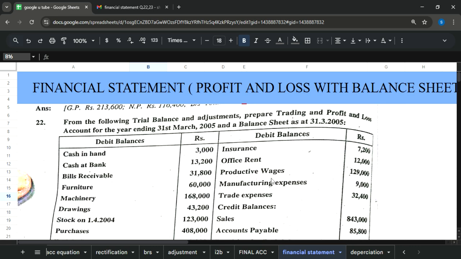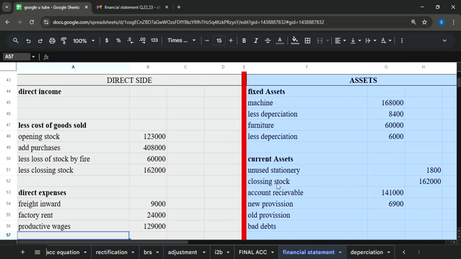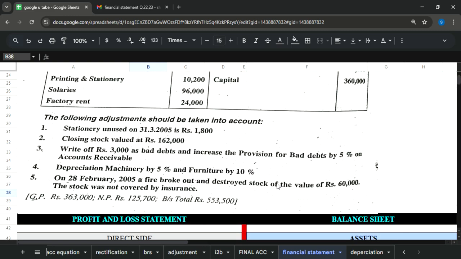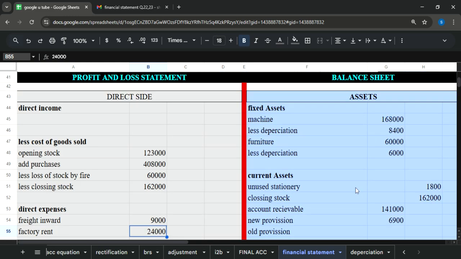Alright guys, we have now manufacturing, again direct expense. I think this is the first question where there are so many direct expenses. So manufacturing expenses, amount of which is 9,000.